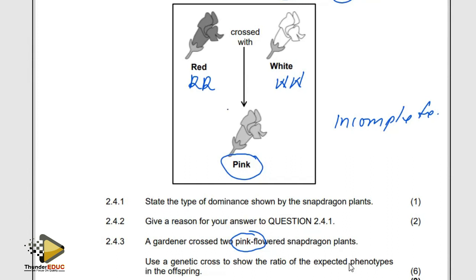This one is going to produce a capital R, this one a capital W. So this crosses with this, and you produce this. RW is an intermediate of red and white, which is pink. So when talking about the genotype of pink, we have to use this.